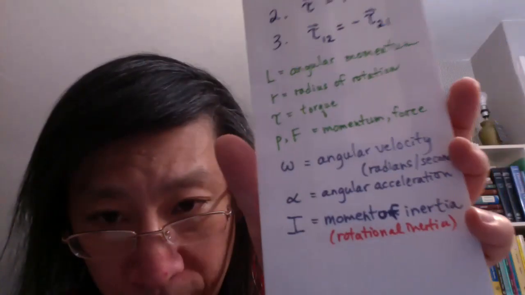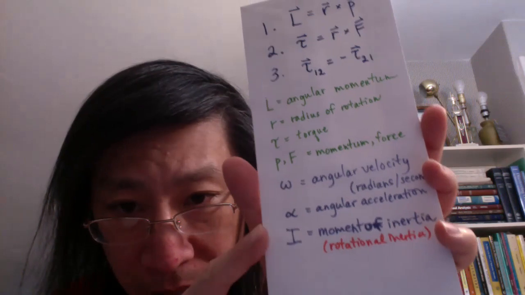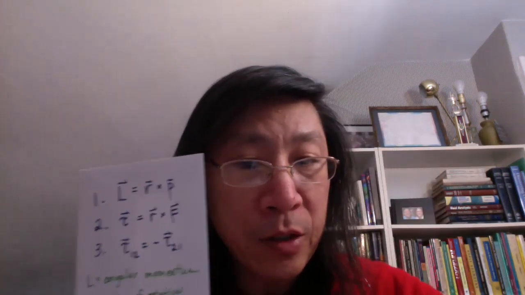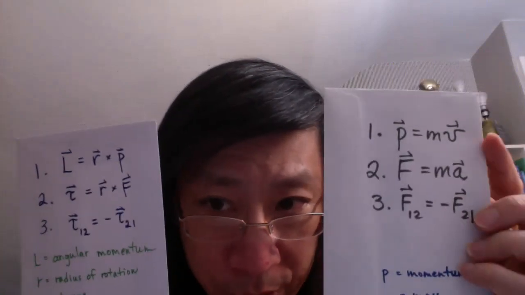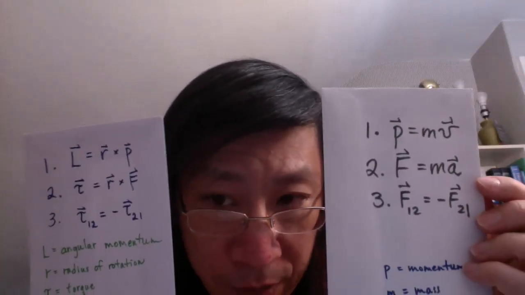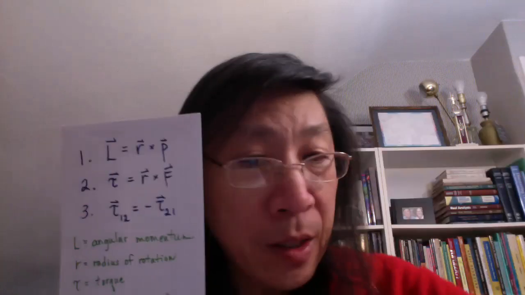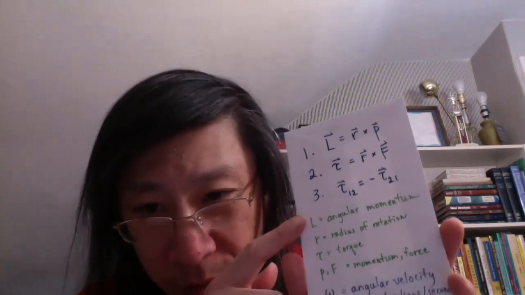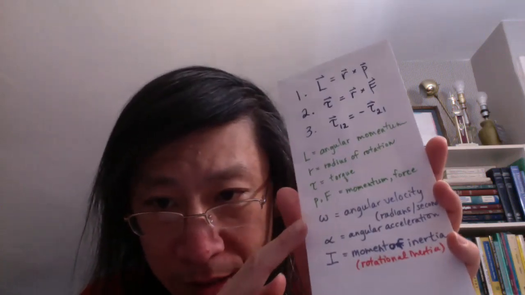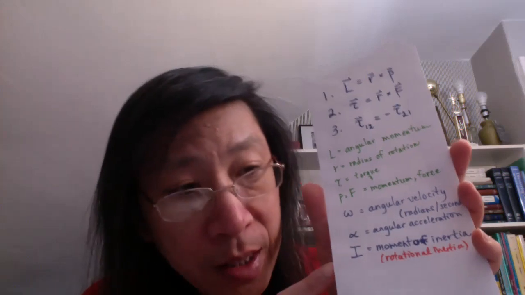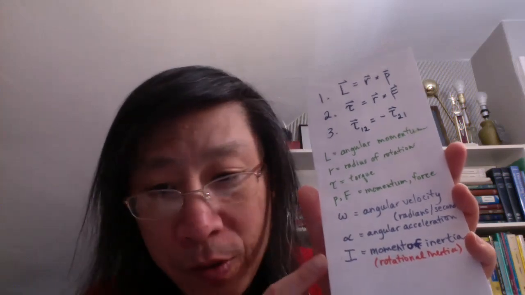So here, right, we have moment of inertia, angular momentum, and angular velocity. And we can now write Newton's first law, P equals mv, and second law, F equals ma, using this. Instead of momentum, mass, velocity, force and acceleration, we'll use L, angular momentum, angular velocity, angular acceleration, and the moment of inertia will take the place of mass.